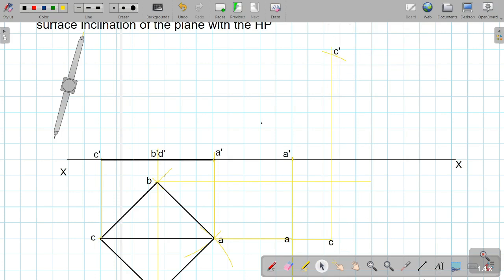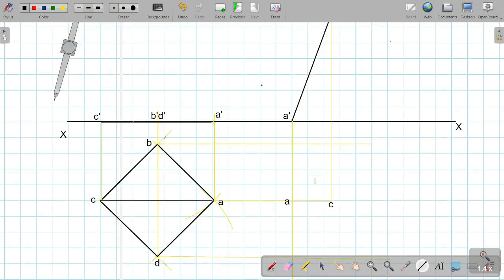Now once I get the point C dash, I can join it with a dark line. So this is point A to point C. Now for B and D, I will measure the distance between B and D with the compass.